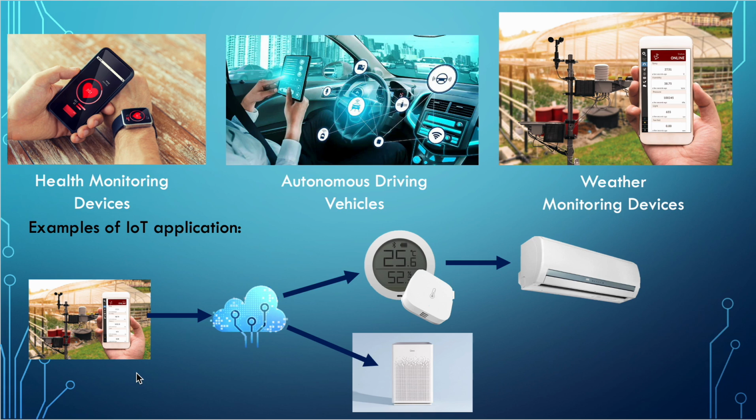In this particular case, it's the AC, or it could be an air purifier. This particular example is solely concentrated on making a good atmosphere for a human being to live in, and to do that in a productive and efficient manner.